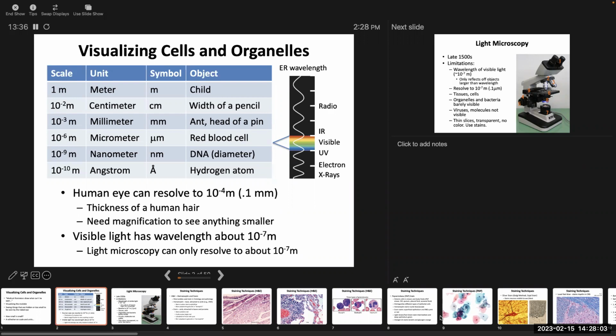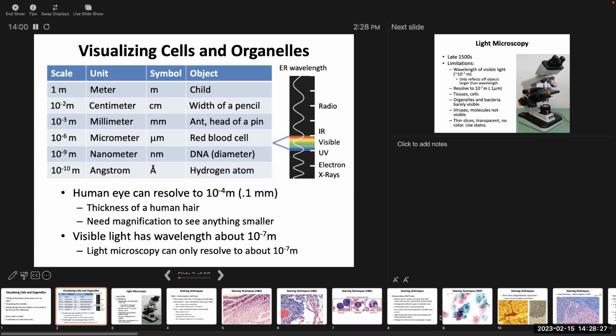Why does this electromagnetic spectrum stuff matter? Why is it important? Because there's a general principle in physics that electromagnetic radiation can only reflect off of an object if the object is bigger than the wavelength of that form of electromagnetic radiation.